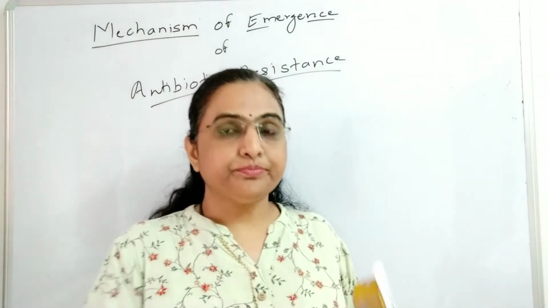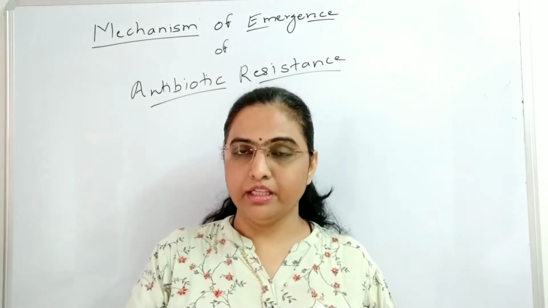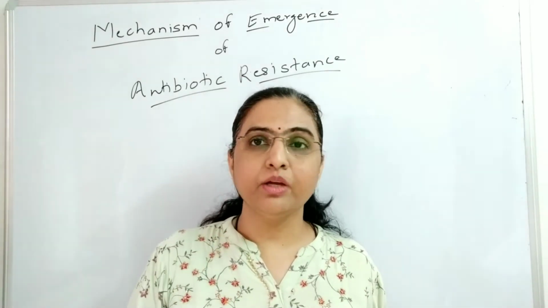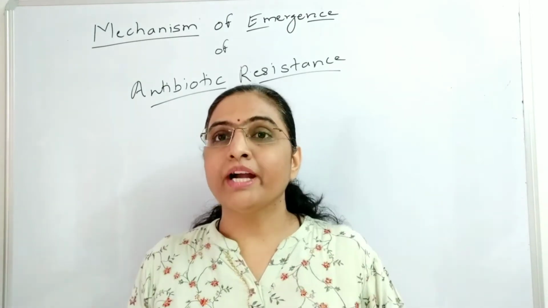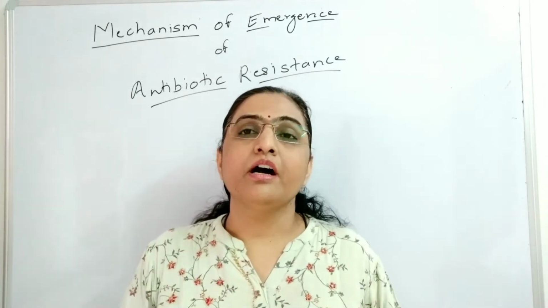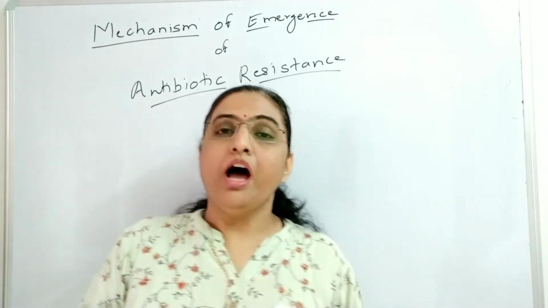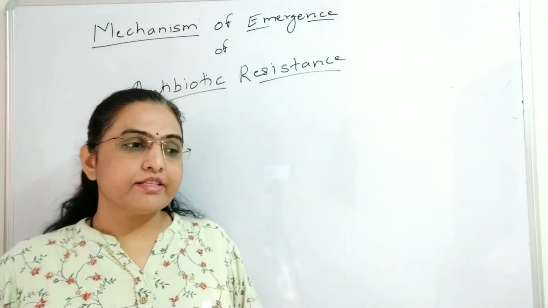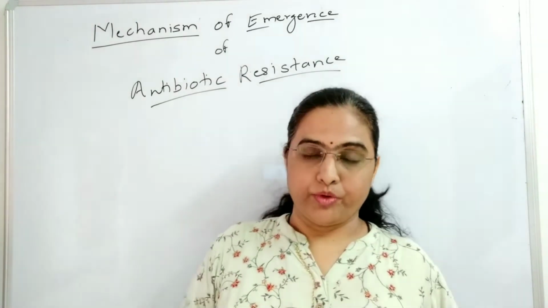Now in gram-negative microorganisms like E. coli, Pseudomonas, Enterobacter aerogenes, Neisseria, what is there? There is the presence of an outer membrane, and that outer membrane consists of proteins, and those proteins are called porin proteins.